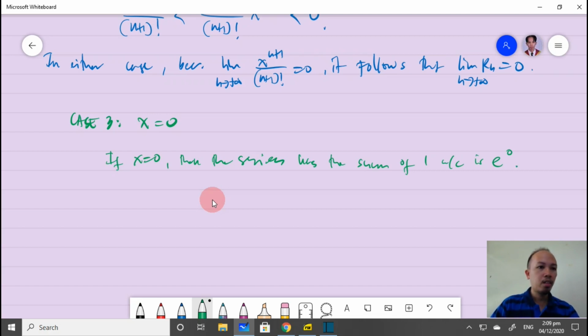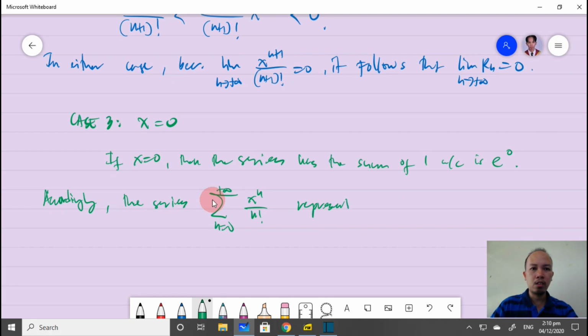Okay, so accordingly the series, this one, x to the n over n factorial, represents e to the x for all x.